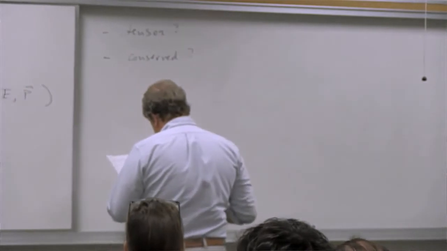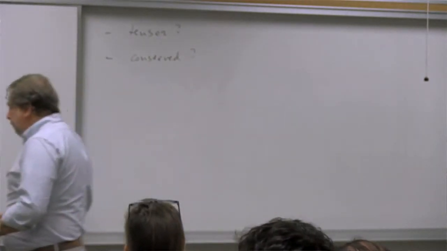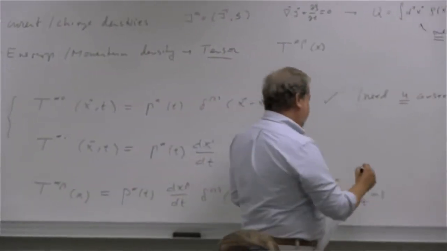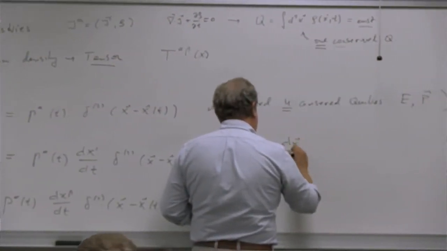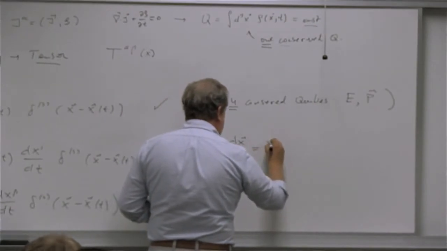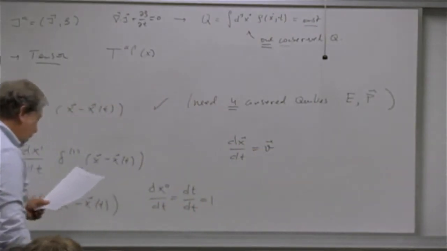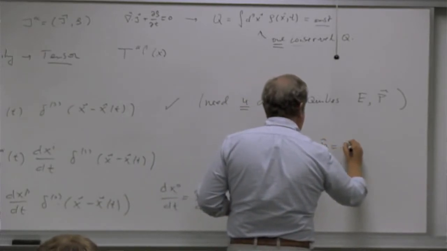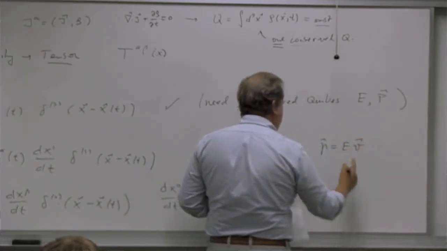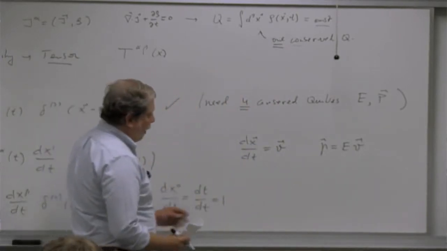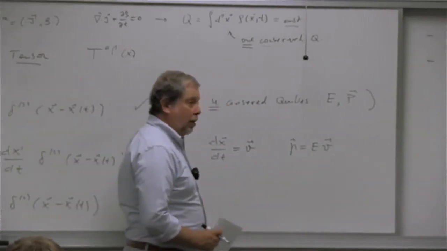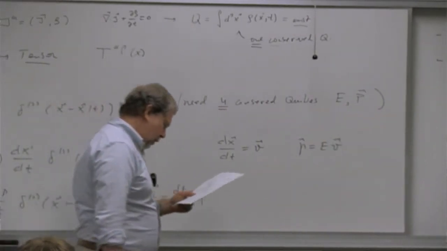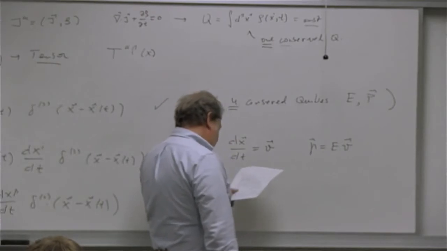Okay, so we're going to answer the first question by doing the following. dx by dt, right? So dx by dt is just the velocity, right? But we can use the relativistic relationship, which is that we can trade the velocity for the momentum, because this is what follows out of Einstein's relation between the energy and the momentum and the velocity.